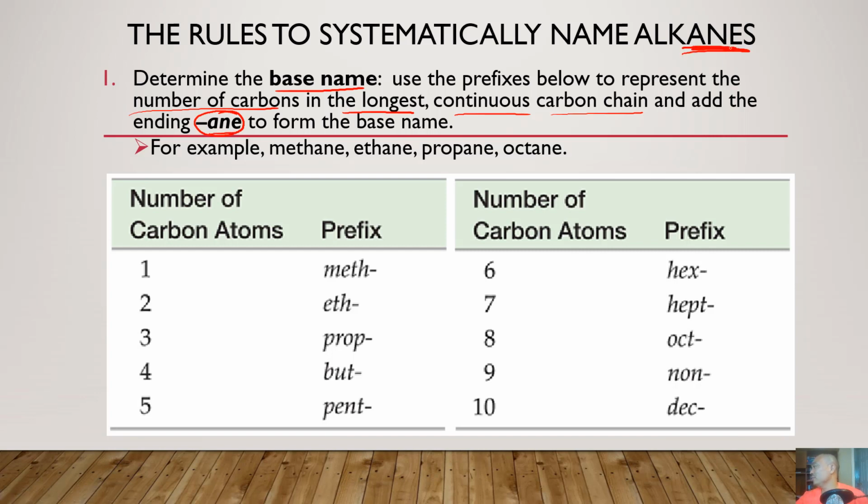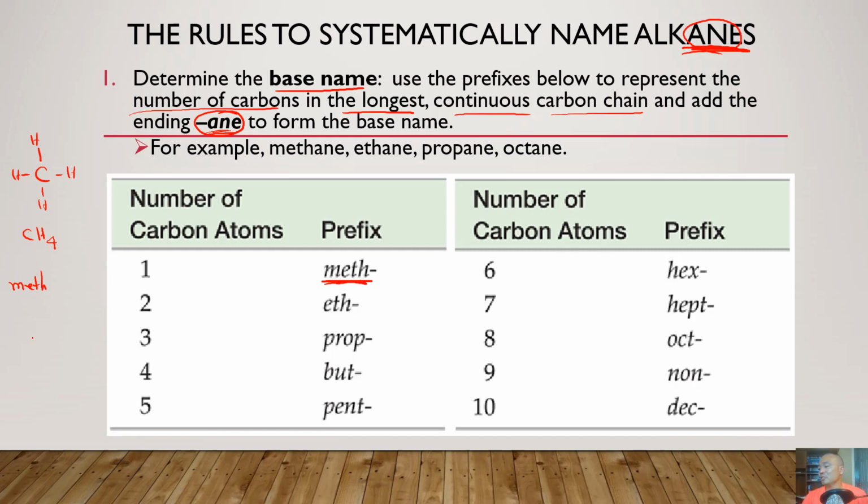So the name of an alkane has an ANE ending. For example, if you have one carbon surrounded with 4 hydrogens over here, you can also simply write it as CH4. It has one carbon. One carbon corresponds to a prefix of meth.